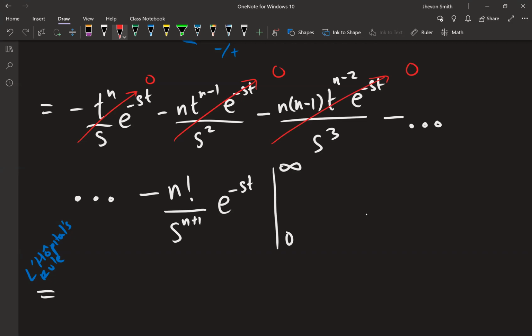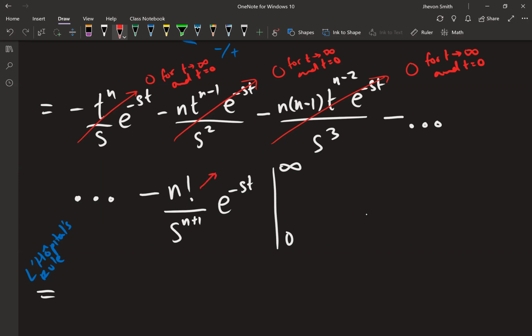This part here is going to go off to 0 for t approaching infinity. You'll also realize that when you plug in t equals 0, they also go to 0. Everyone is going to go off to 0 except one term.